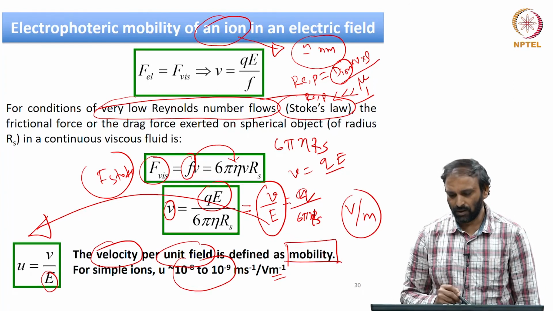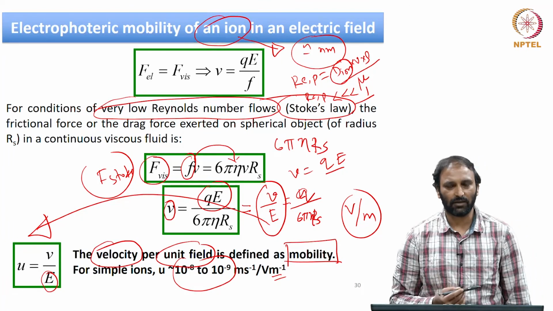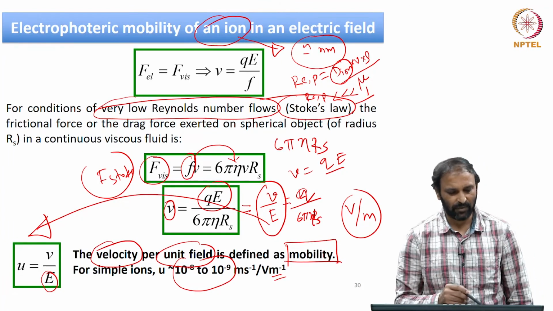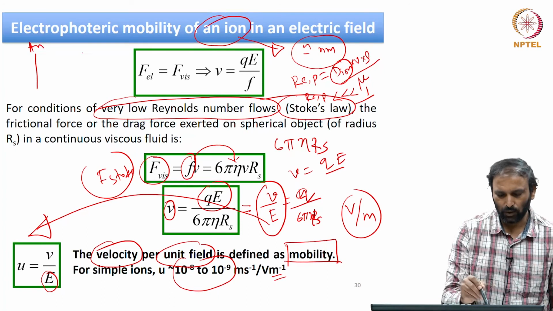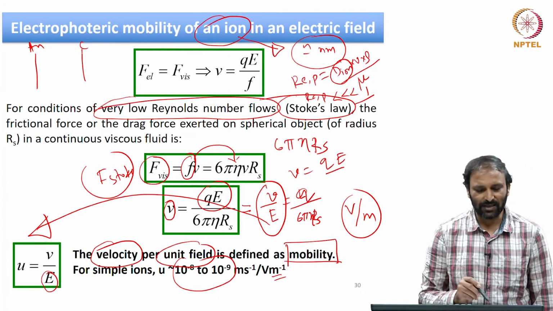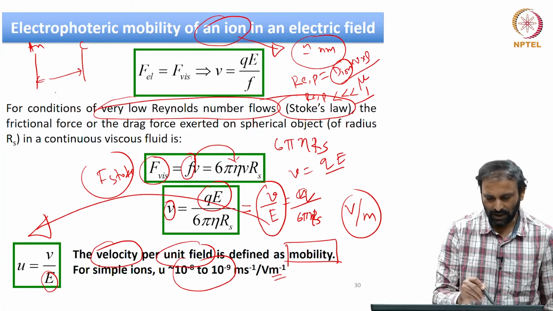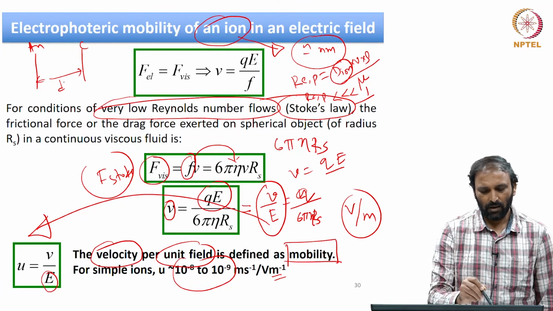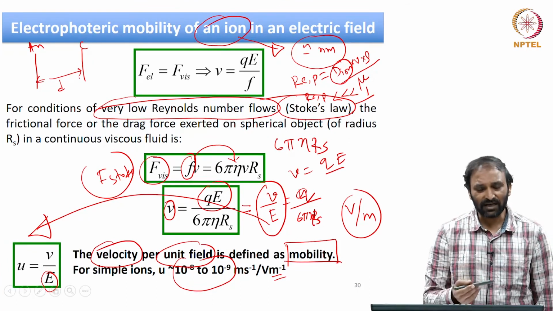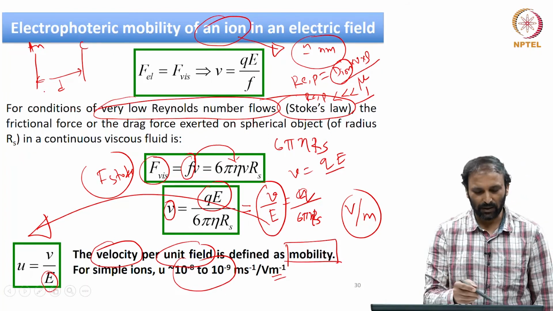That is because whenever one does electrophoretic experiments, typically you have an anode and a cathode, which are separated by some known distance, like say d, and so you can manipulate the electric field that is applied by considering different distances between the electrodes.